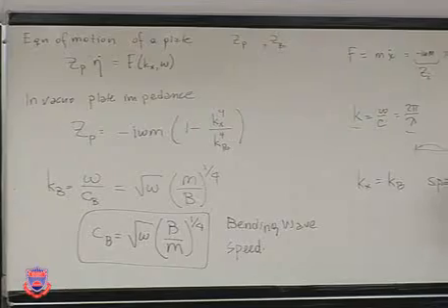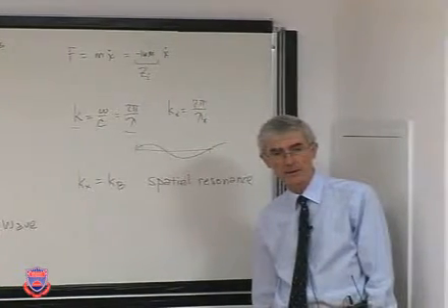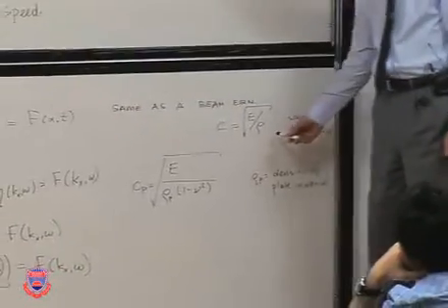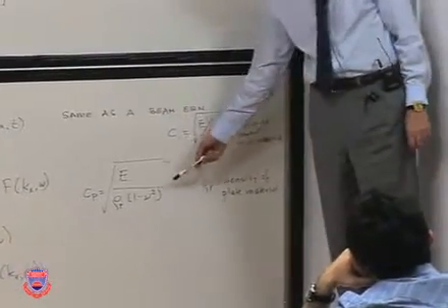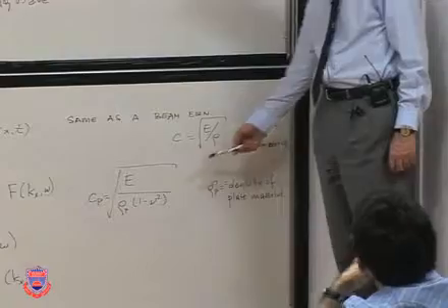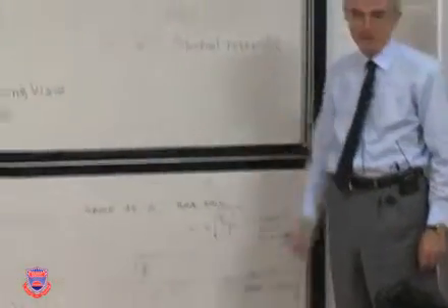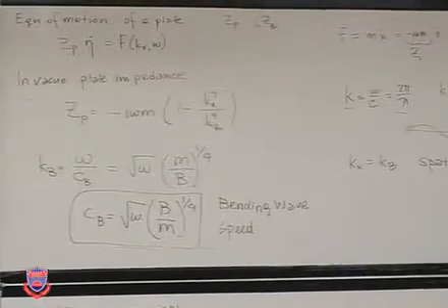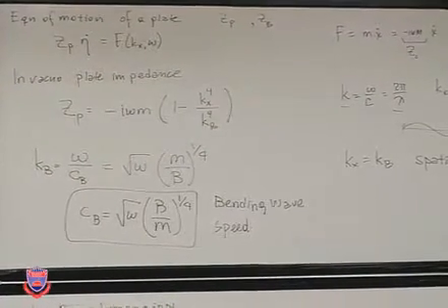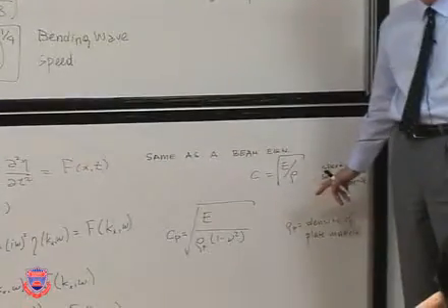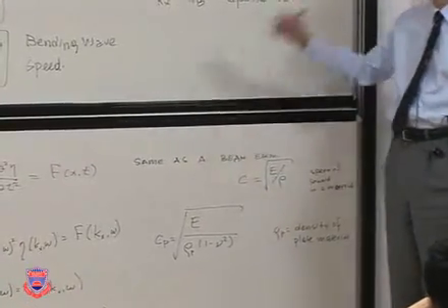Now, let me just remind you for a moment, everyone, the speed of sound in a material, in a plate. There's a fundamental difference between these and the bending wave speed. And what is that very fundamental difference? Exactly.